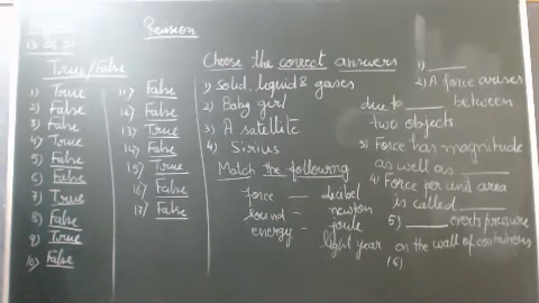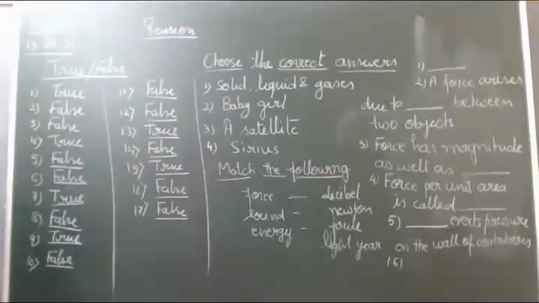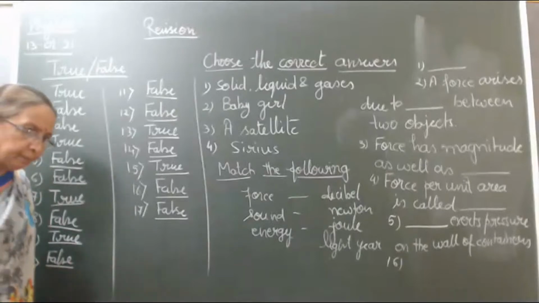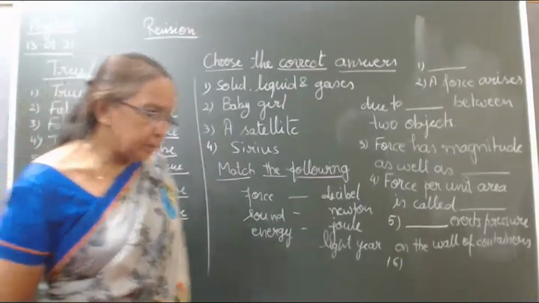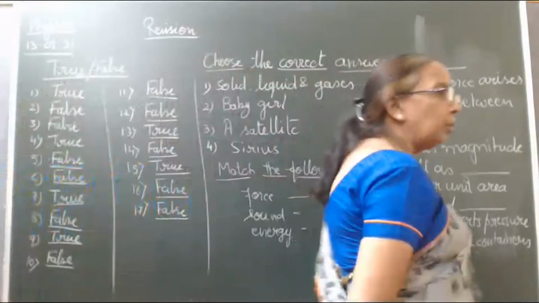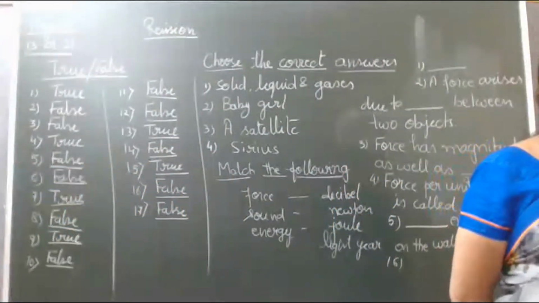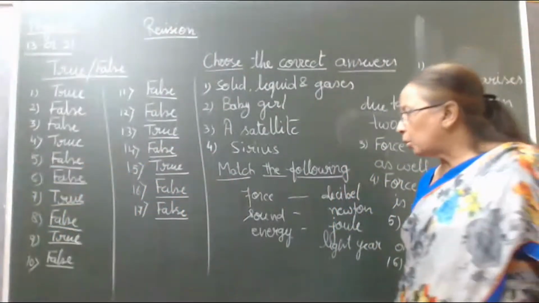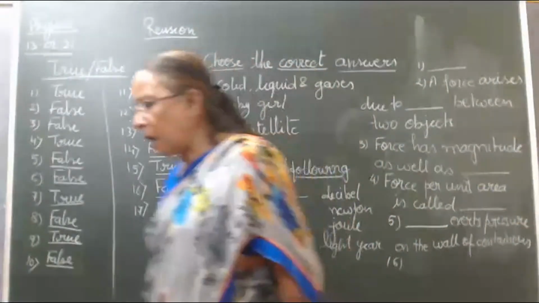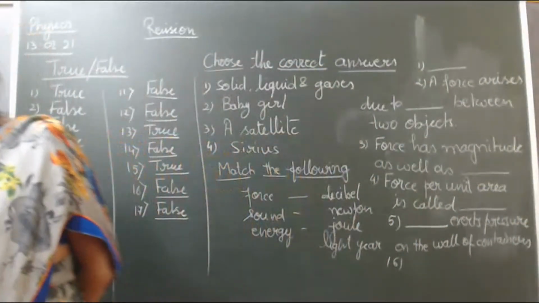Second thing, if you are studying with friends, make a group of only 2 to 4 students. I am telling you how to do the group study. Only in one group, 2 to 4 or 5, not more than 5.